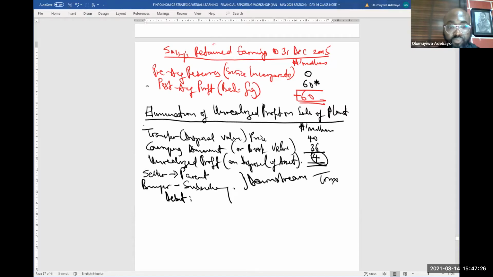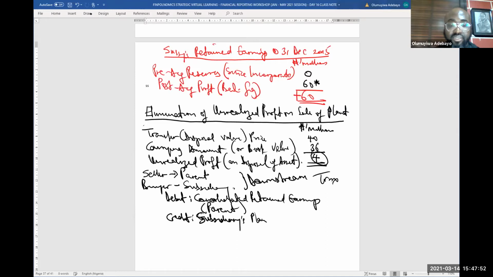Debit, the consolidated retained earnings, which is for the parent. And credit, the subsidiary's plant, which is a component of PPE, with the 4 million naira.